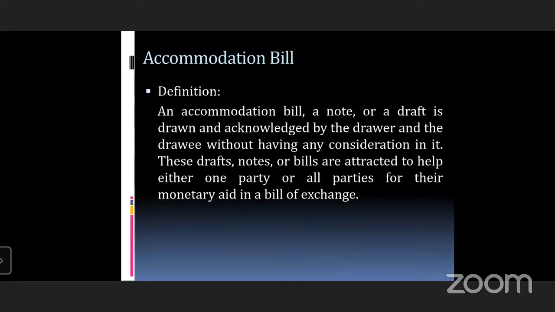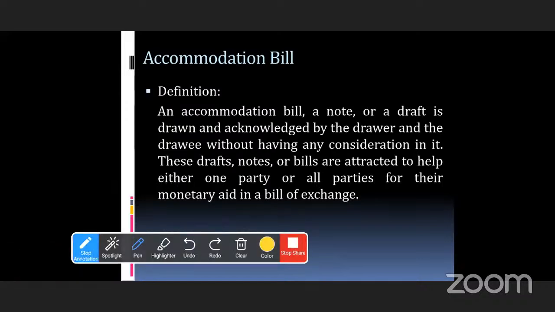A note or a draft is drawn and acknowledged by the drawer and the drawee without having any consideration in it. These drafts, notes, or bills are drawn to help either one party or all parties for their monetary aid in a bill of exchange. Understood? So this is the definition of accommodation bill.